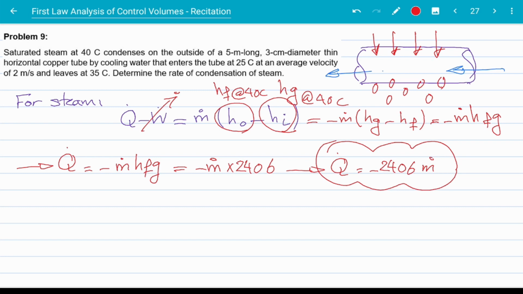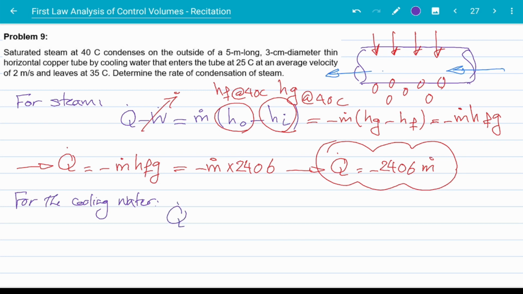Let's start writing equations for the cooling water. I can write down the first law of thermodynamics again.